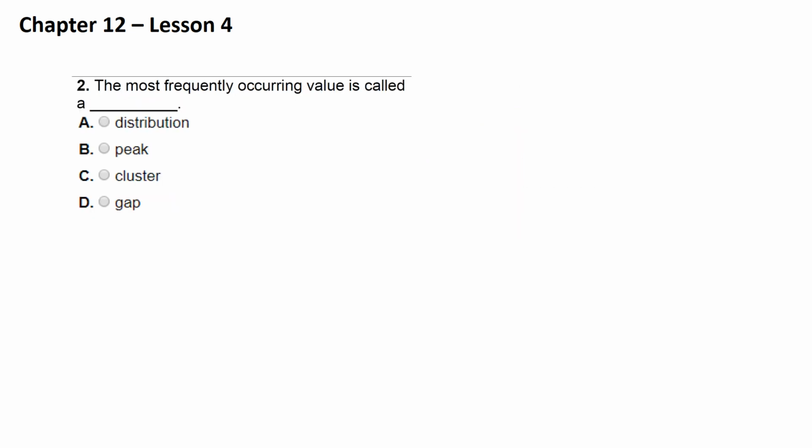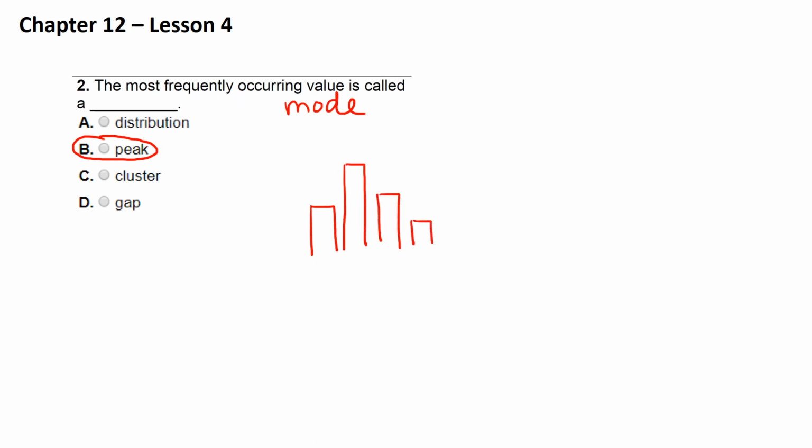The most frequently occurring value is called a peak. You may think mode, but if you're graphing, this would be the mode, but it also is the peak of your data, like a mountain peak.